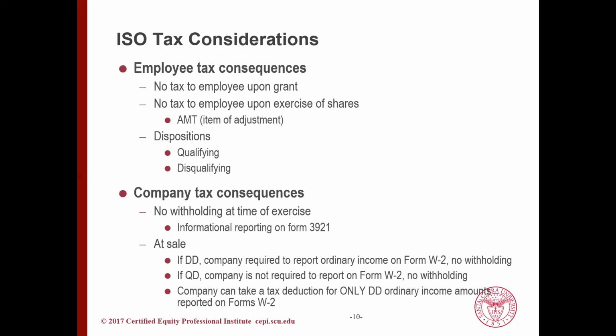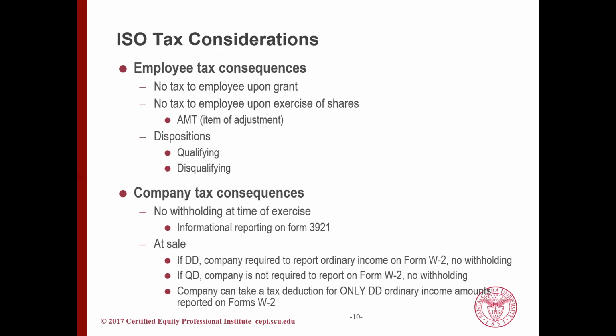So regular tax is not due at exercise, but at the end of that year when your 1040 is being completed, you need to also fill out an AMT schedule to see if you will owe some special alternative tax unless you sell the shares before the end of that calendar year.